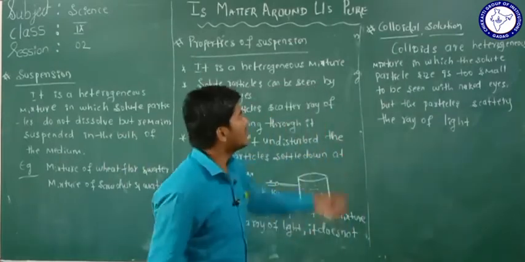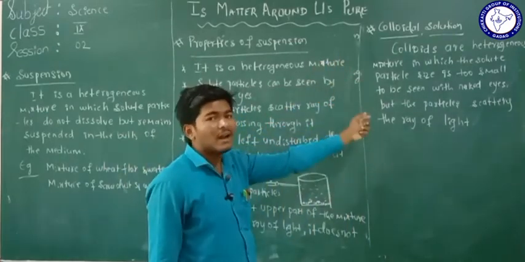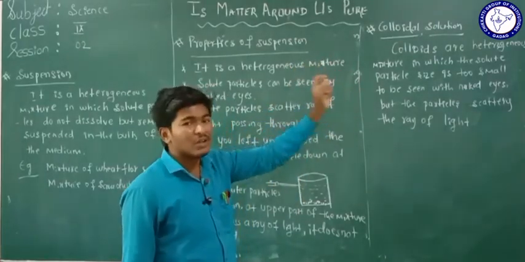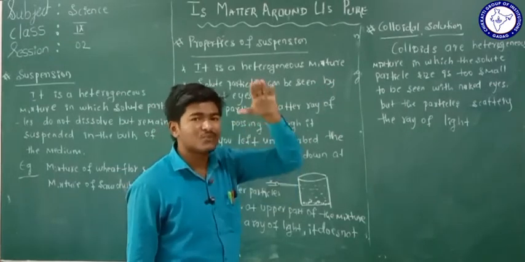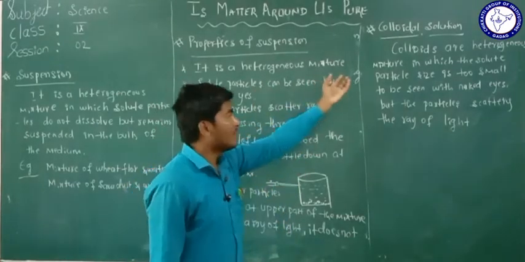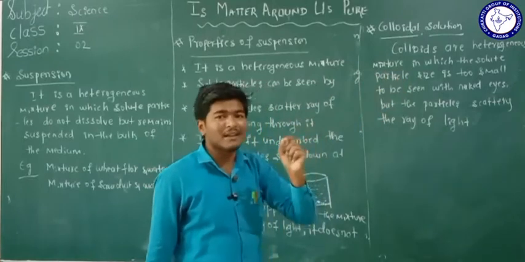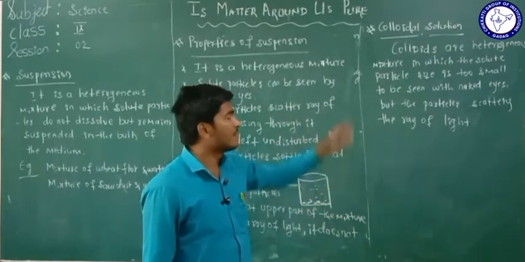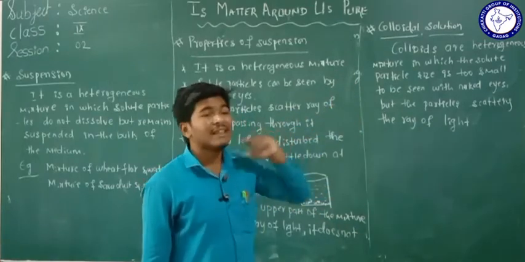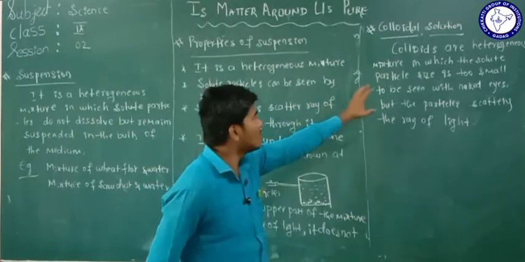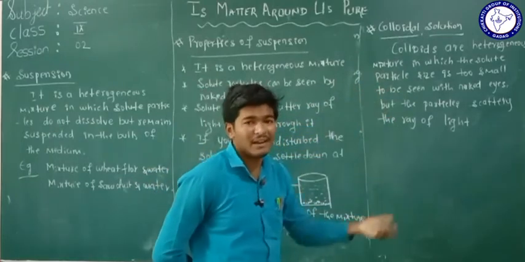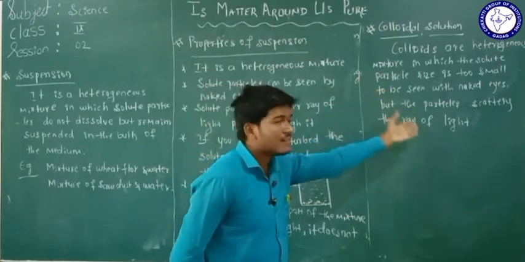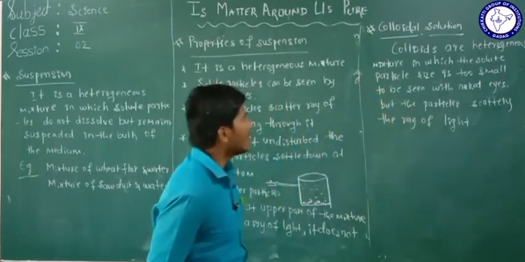But in a colloidal solution, the size of the dissolved solute particles is very small. We can't see those solute particles because their size is very small. Also, even though the size of the solute particle is very small, those particles can scatter the ray of light.